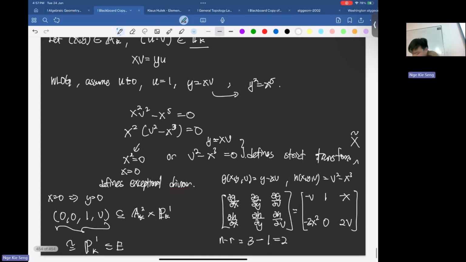And then now you look at what kind of point, you try to substitute into the Jacobian matrix, and then you get not equal to 2. When x equals 0 and v equals 0, then the matrix has rank 1, which is not equal to 2.